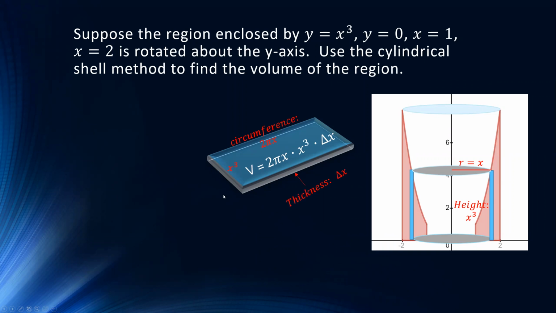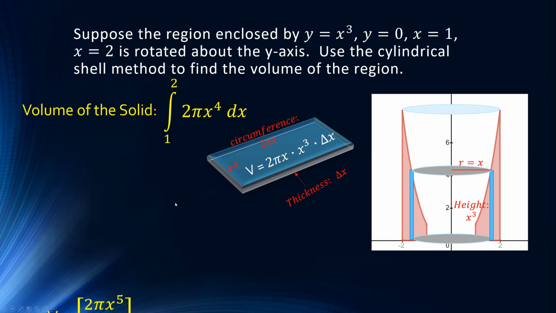Now we are going to set up the volume of the solid. We say the integral from 1 to 2, because that's our boundary, of 2 pi x to the fourth dx. That would be the area of the surface multiplied by how thick, that's dx, okay? Then we take the integral of that.